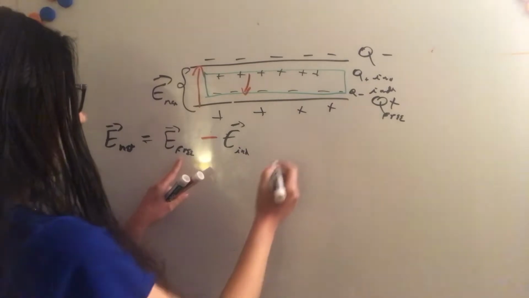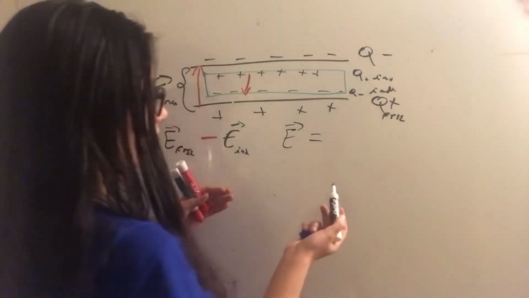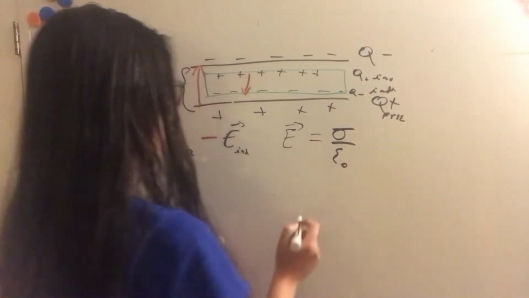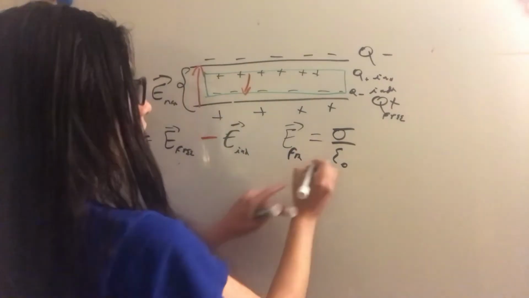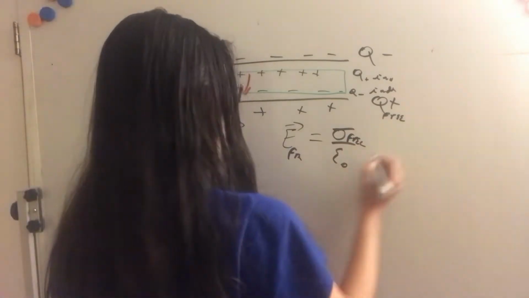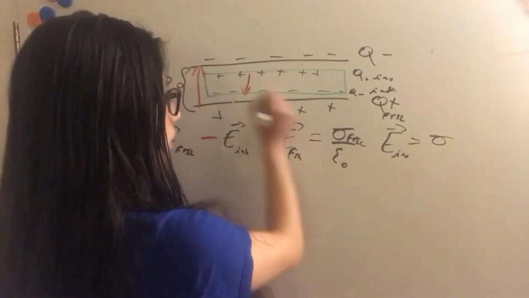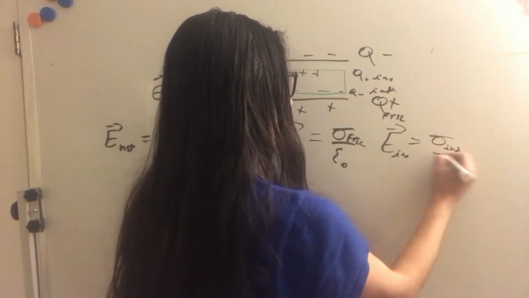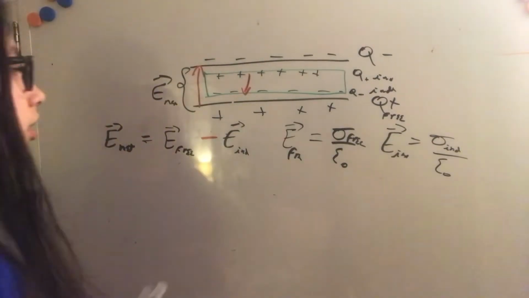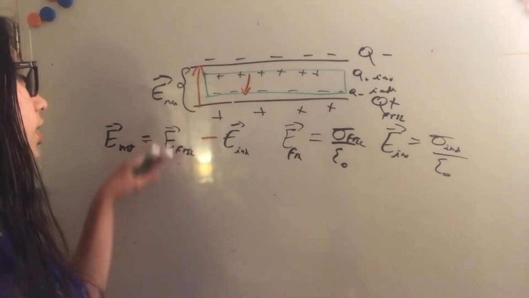We know that for a parallel capacitor the electric field is the charge density divided by epsilon naught. So E free would be the surface charge density free divided by epsilon naught, and E induced would be the surface charge density induced divided by epsilon naught. Now we could say that this induced electric field would be a fraction of the free electric field.